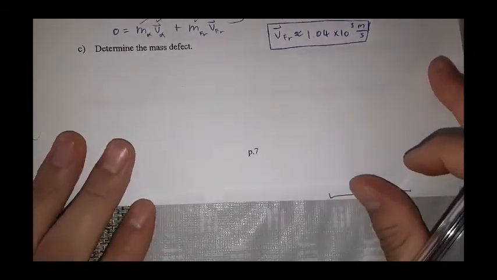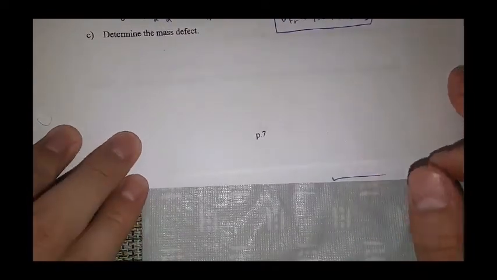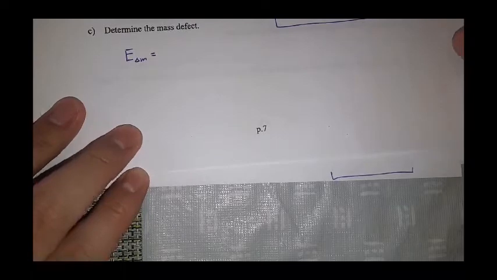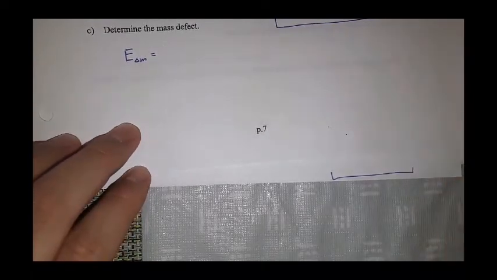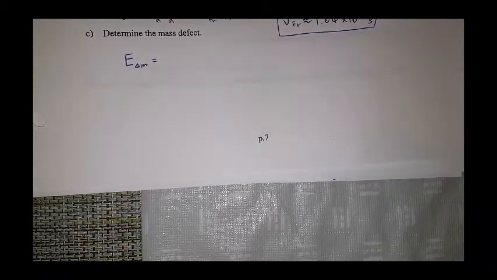Now, determine the mass defect. This is quite tricky because we need to go through the energy perspective. Mass defect and energy from it, which I'm going to put E and delta m. Basically, this is how mass is converted into energy. And we have our final energy given.